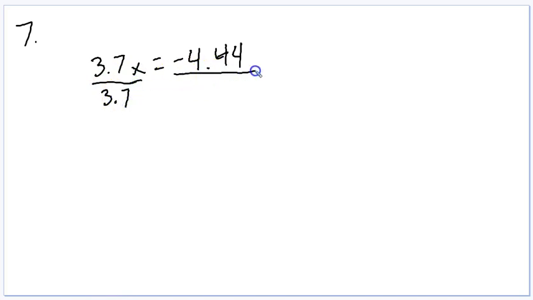7. We've got 3.7x equals negative 4.44. So we've got multiplication. We're going to divide. So we divide both sides by 3.7. So 3.7 over 3.7 equals 1, so we just leave x by itself.